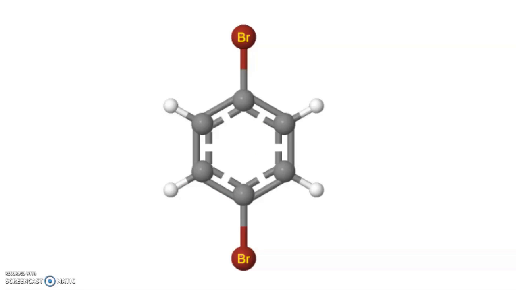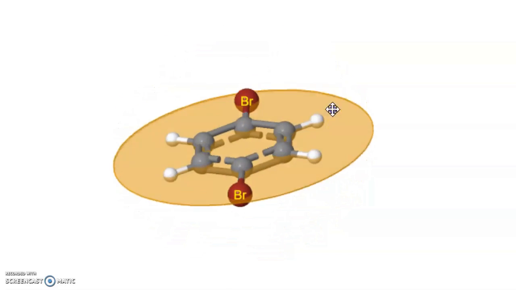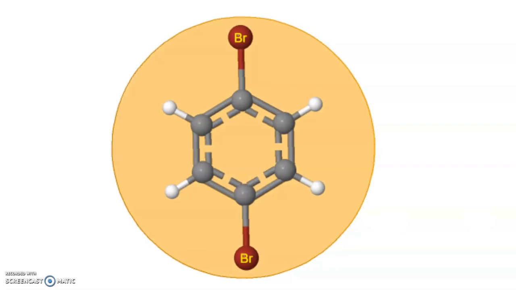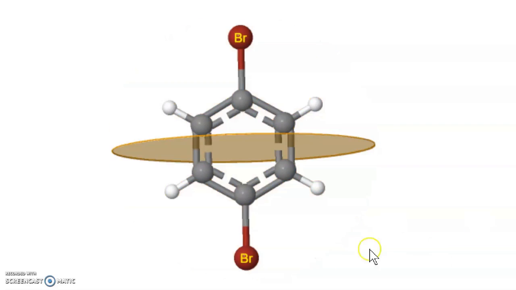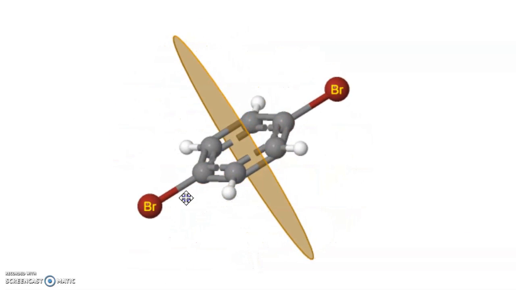Now here is another example. The molecule shown here is para-dibromobenzene, and we all know that para-dibromobenzene is a planar molecule. Now consider an imaginary plane that bisects the molecule in the middle and is perpendicular to the molecular plane.